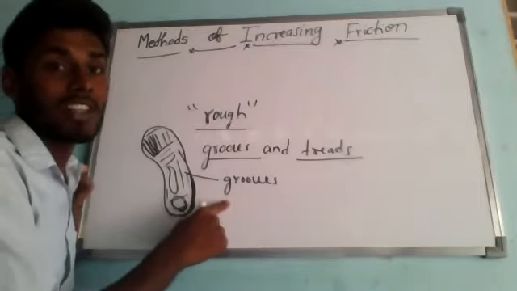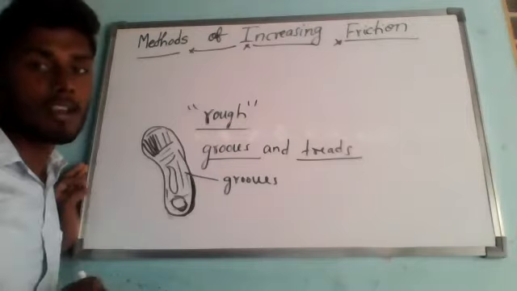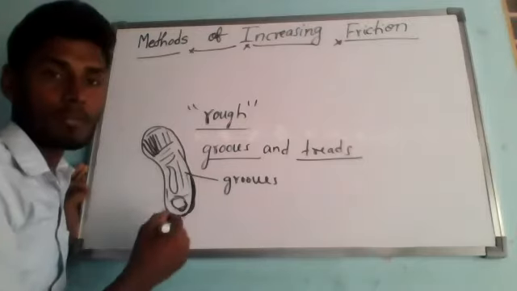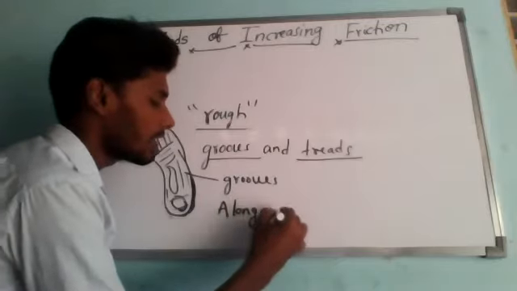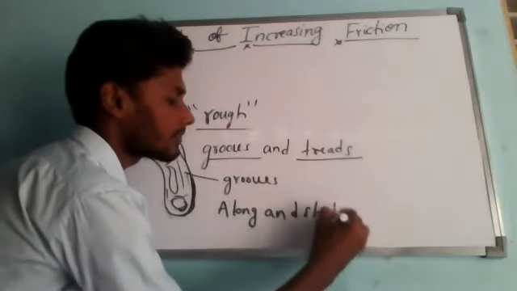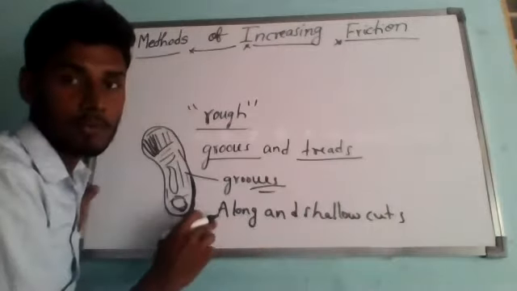A long and shallow cut or a depression in the surface of a hard material is called grooves. You just note down: long and shallow cuts is called grooves.